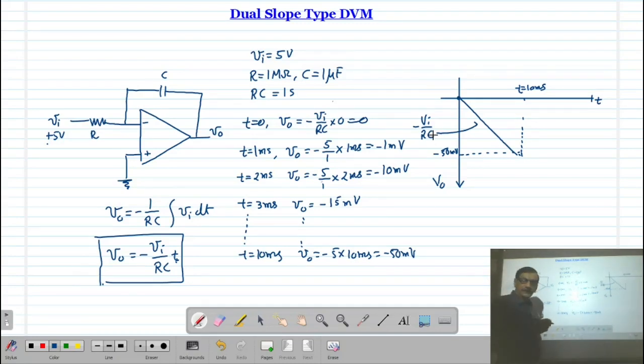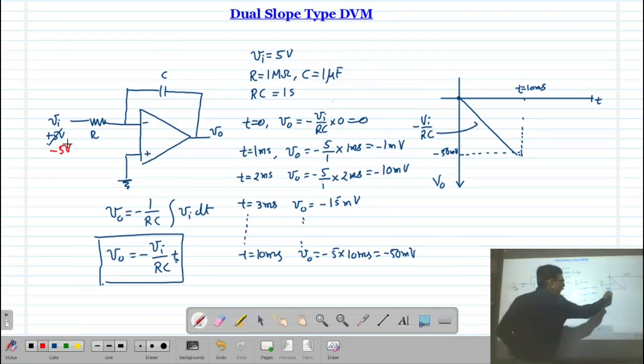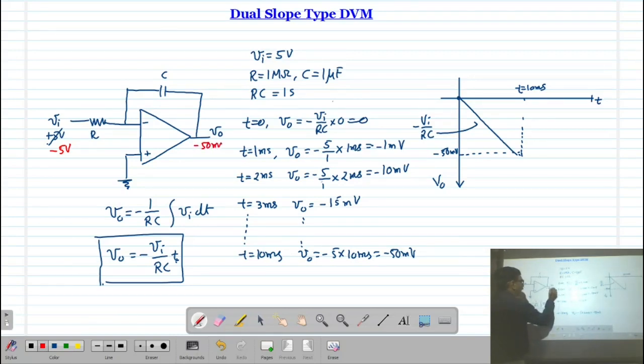Now, instead of plus 5 volt, if I apply a minus 5 volt, remember, minus 5 volt, immediately, correct? Then what will happen? Your capacitor is already charged here. Your output voltage was minus 50 millivolt. Now suddenly we apply the opposite polarity of voltage.